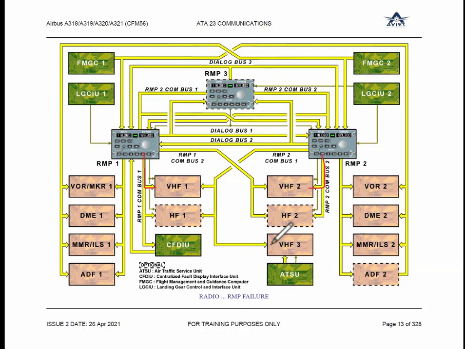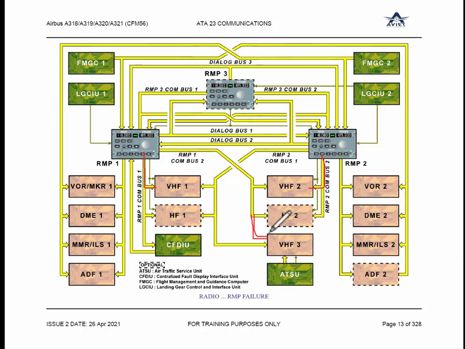I think the diagram is not clear, but practically, if you go to the cockpit, you can tune it. If I see the dialog bus between these two, if I connect this line like this, then it is possible. Yes, you can tune it.